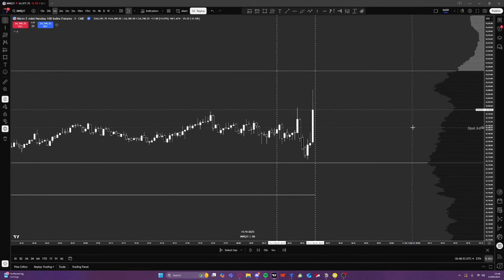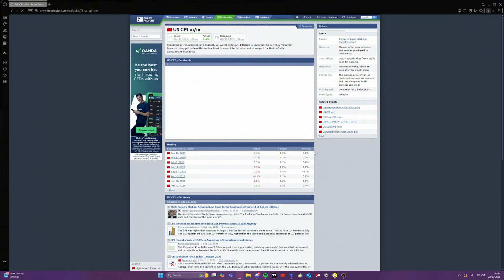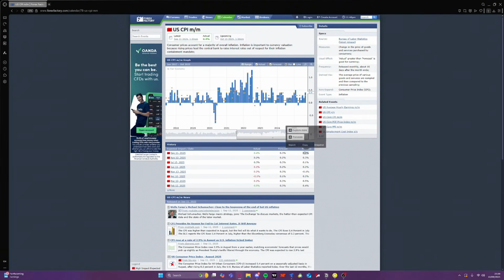And let's look at CPI and what it's gonna be. So previous was 0.2 and the forecast is 0.3. So this means there's more inflation for CPI than the previous, which just means we're going to be bearish.